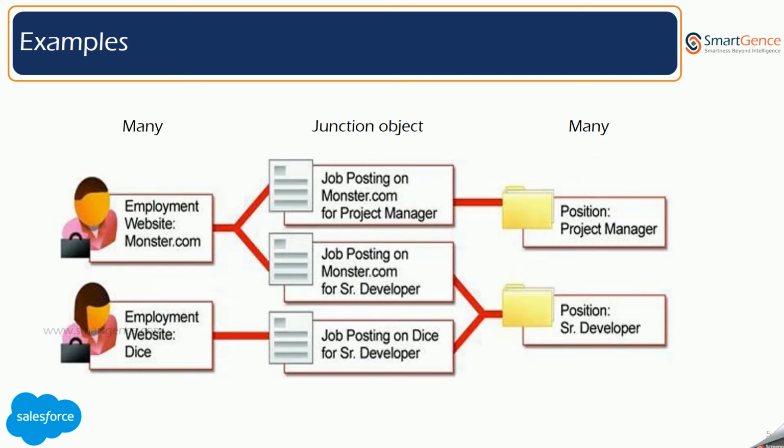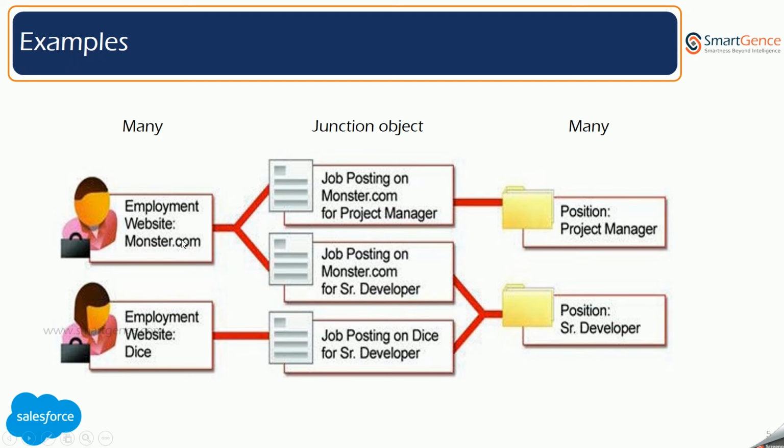Right. You can see there are two objects, employment website and position. We have a couple of employment websites, monster.com, dice. Similarly, we have a couple of positions, project manager, senior developer. How we can explain is, monster.com would have multiple positions.